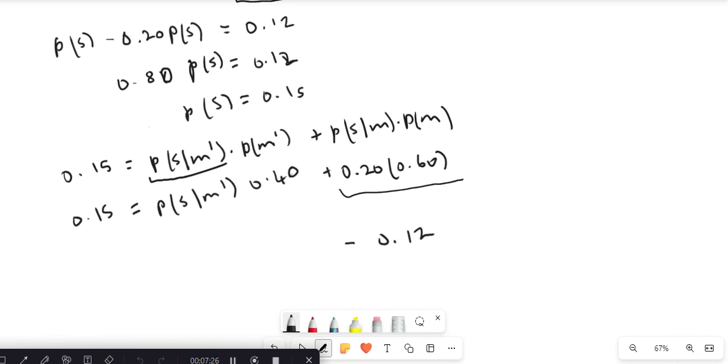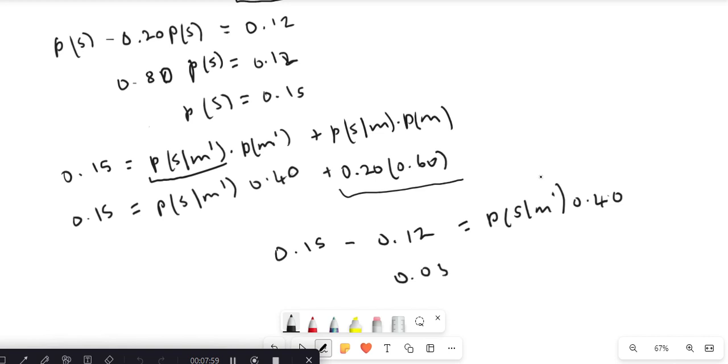Now I'm going to bring it over to the left hand side. So we have 0.15 minus 0.12 is equal to the probability of S given M prime multiplied by 0.40. So 0.15 minus 0.12 is 0.03.